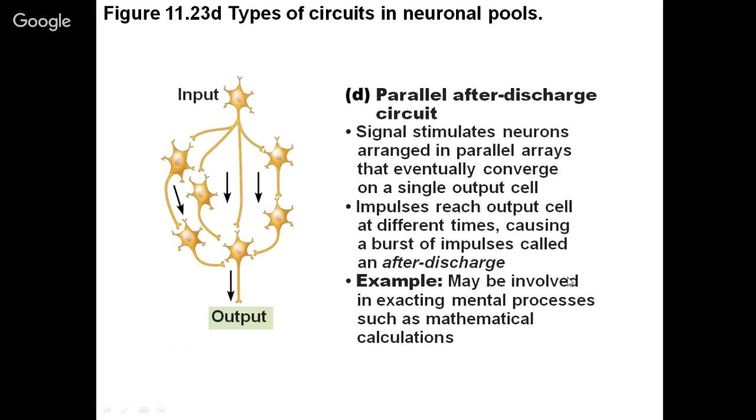The parallel after-discharge circuit is where a signal stimulates neurons arranged in parallel arrays that eventually converge on a single output cell. So impulses reach the output cell at different times and cause a burst of impulses called an after-discharge. An example would be exacting mental processes such as mathematical calculations.